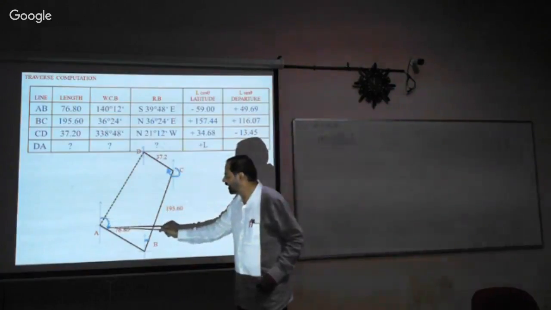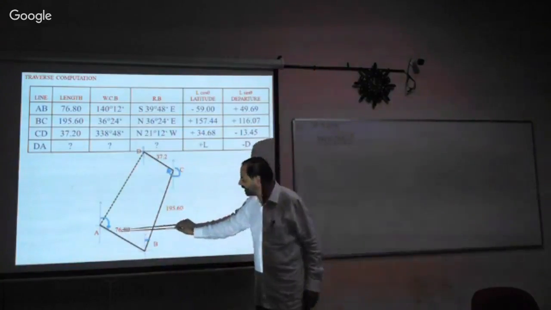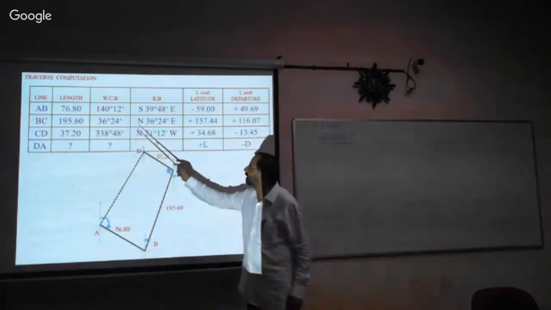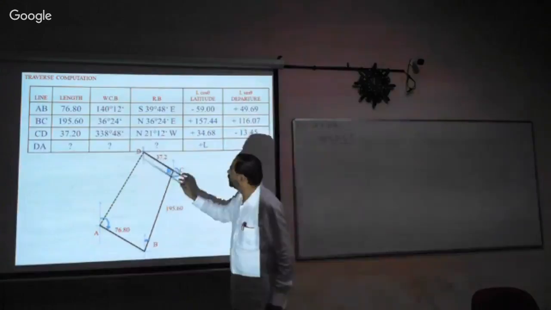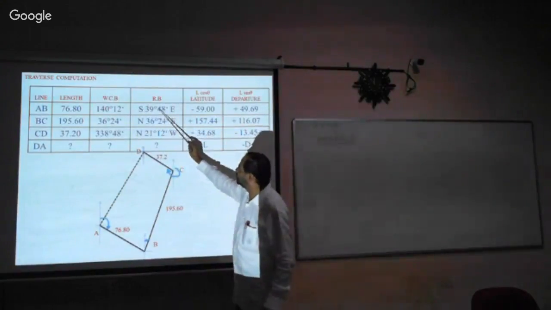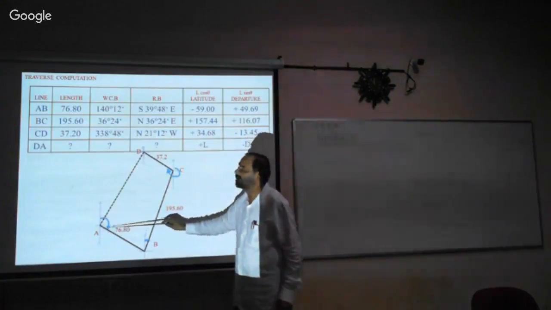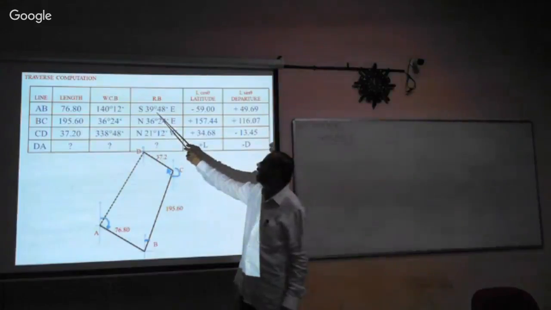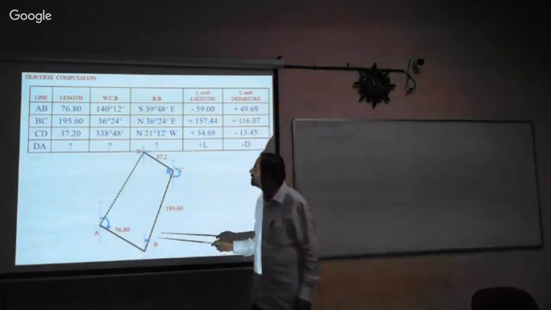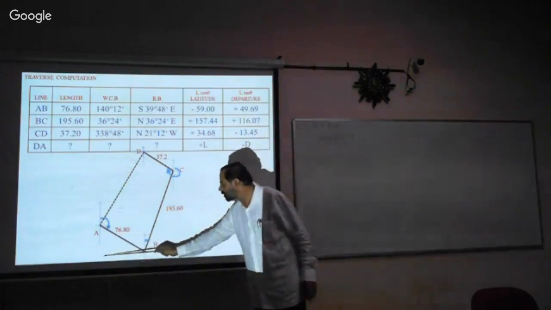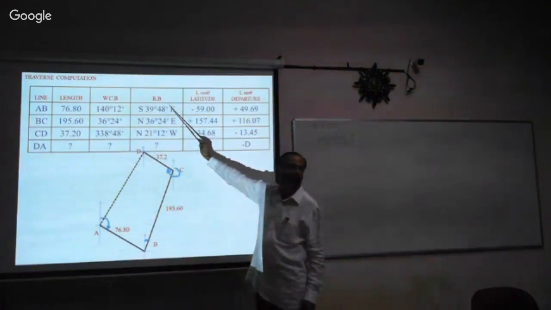This is the whole circle bearing of the line AB, 140 degrees 12 minutes. To get the reduced bearing, 180 minus this gives the reduced bearing of the line AB, measured south to east, at an angle of 39 degrees 48 minutes.